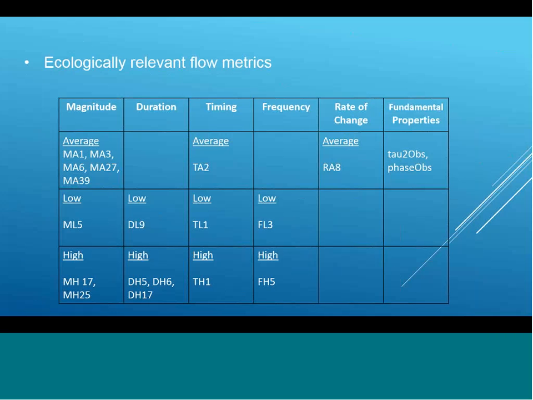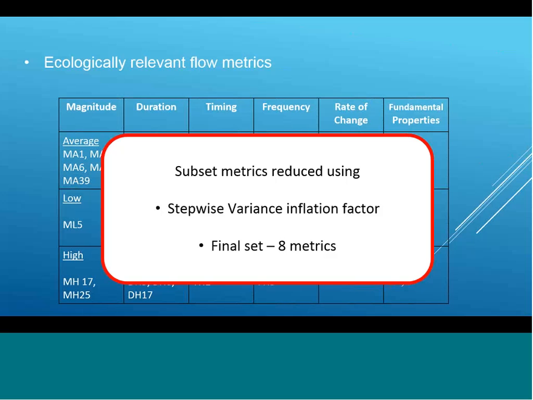Next slide, please. And this is what we ended up with. However, that's still too many for the analysis that we wanted to undertake. So next bit, please. Again, we then reduced that subset using a statistical process called a stepwise variance inflation factor.